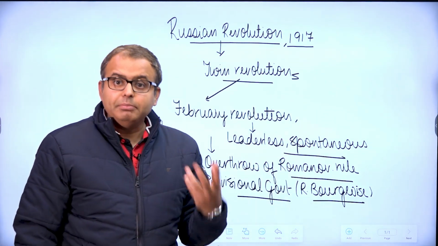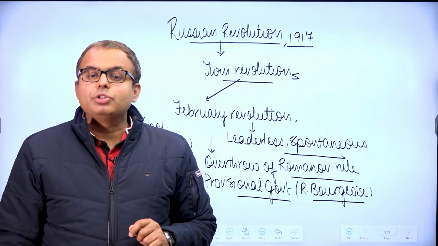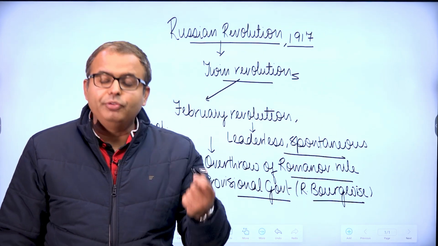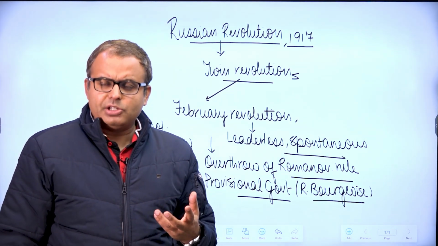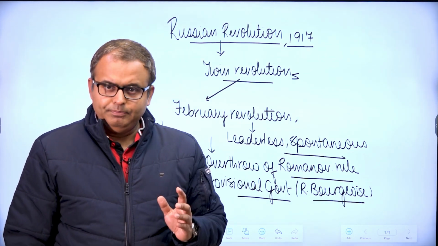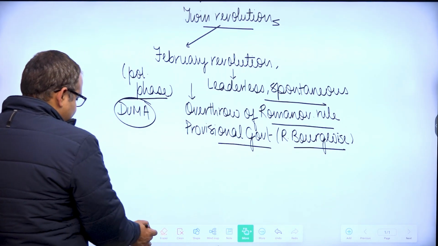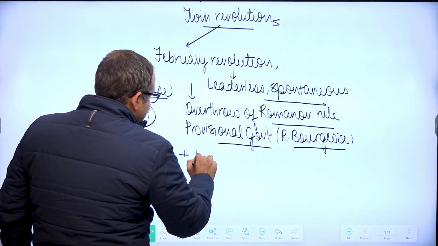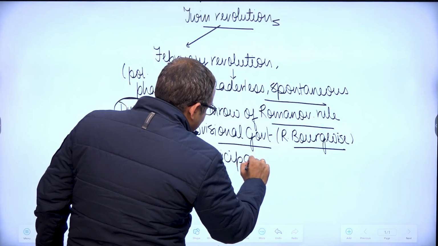Although it should be kept in mind that the immediate cause of the Russian Revolution was the economic difficulties and also the recurring defeats faced by Russians during World War I. Now, while the provisional government was formed at the central level, in the towns and cities, municipal governments were formed.